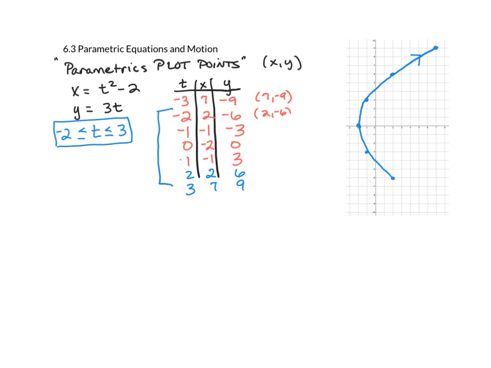And if we would have graphed it with the parameter t greater than or equal to -3 and less than or equal to +3, we would have simply added that first point up here at the top, the point 7, -9 would be plotted, and that's where we would have started, and it would have continued on all the way to the end when t is +3.